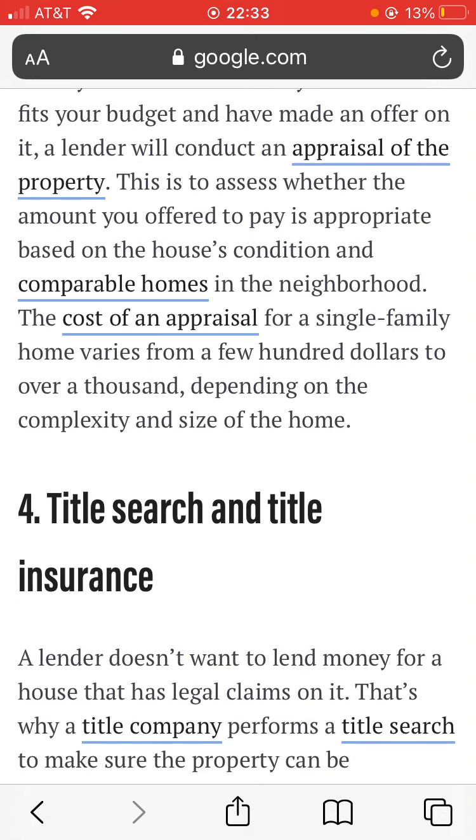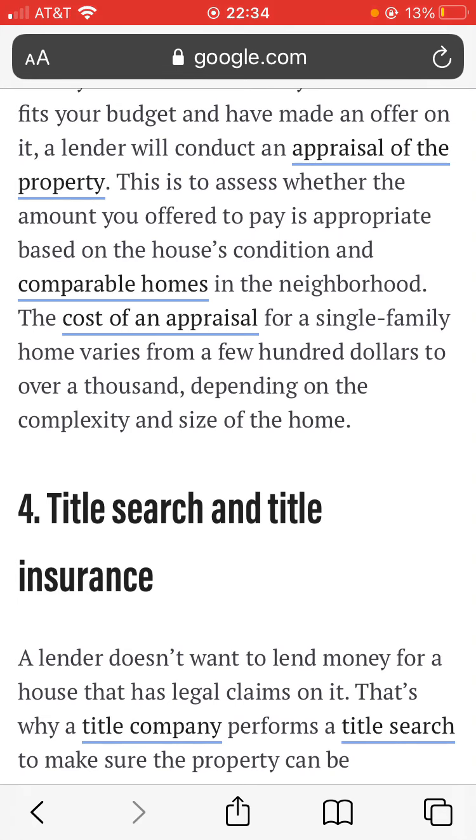And note on this, whether or not it's included in your closing or HUD-1 statement from the title company or the bank, the preliminary statement of closing, you'll notice that the bank will order the appraisal.